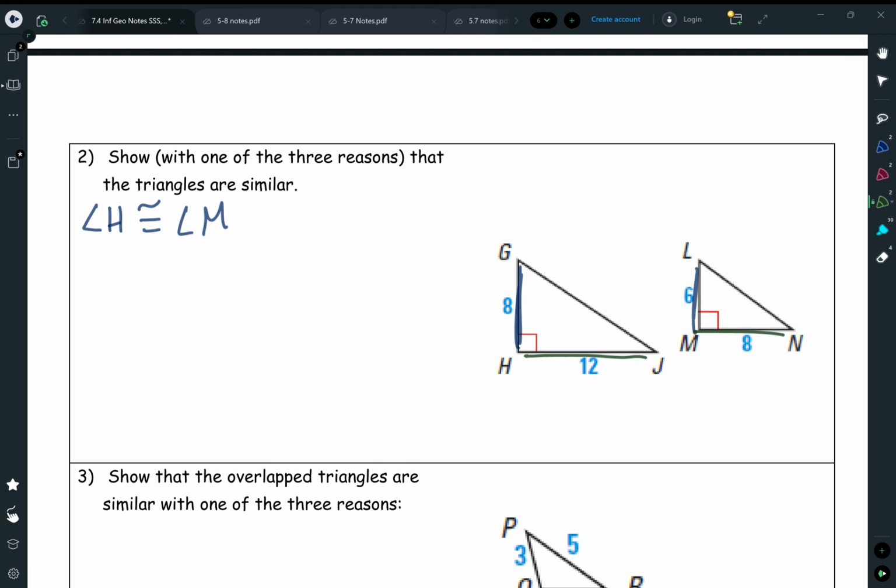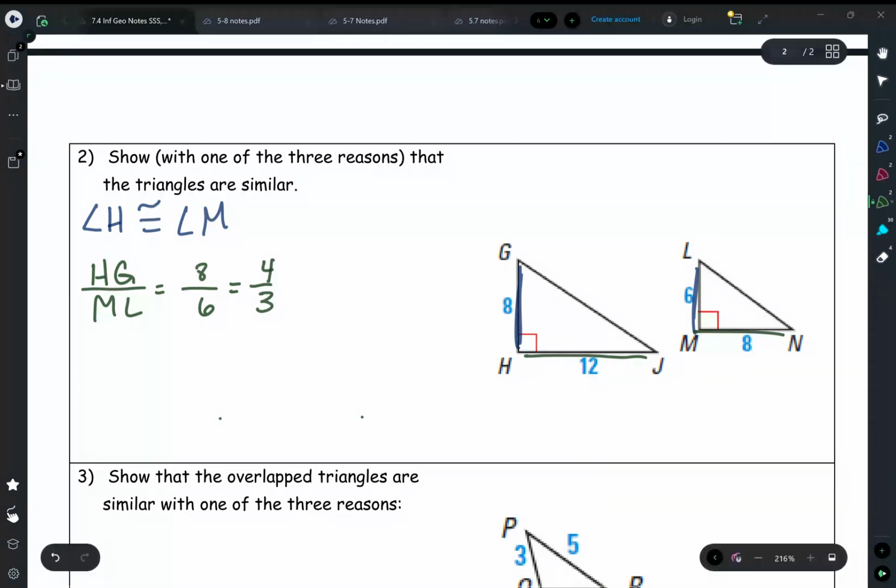I've got two sides and the included angle. So we're going to check HG to ML, and that's going to be 8/6. Divide them both by 2, and that's going to be 4/3.